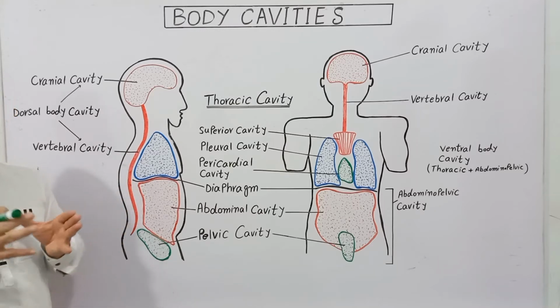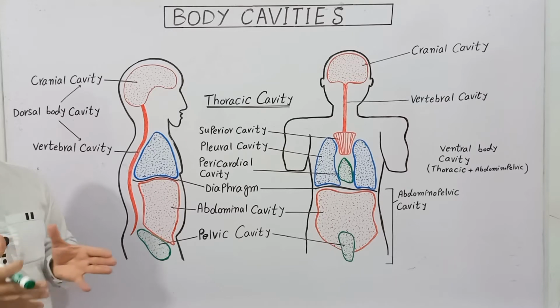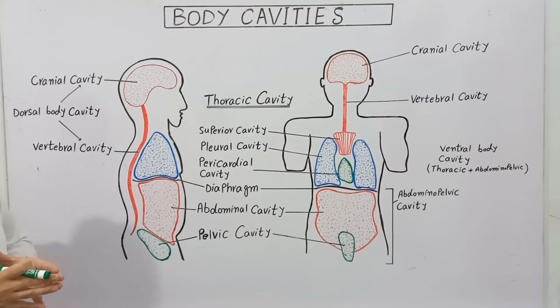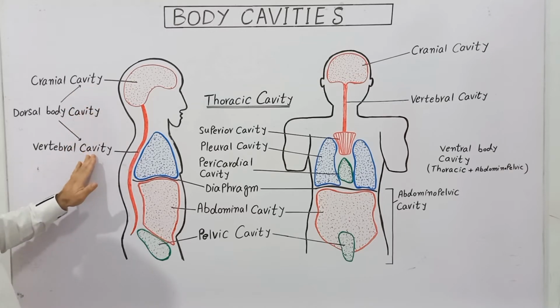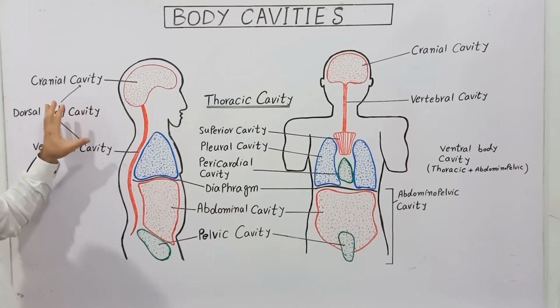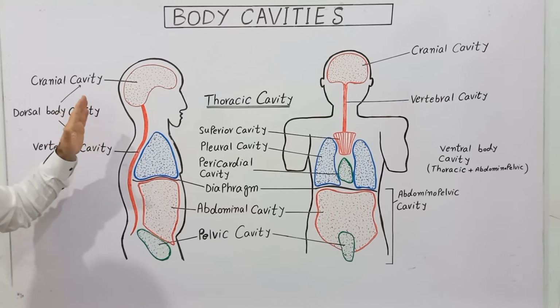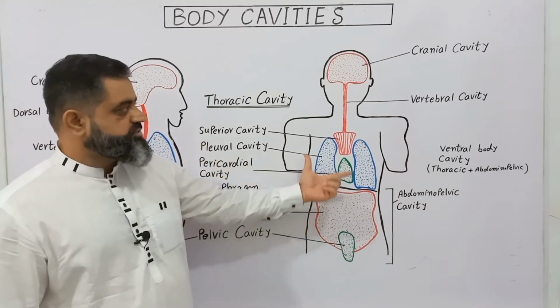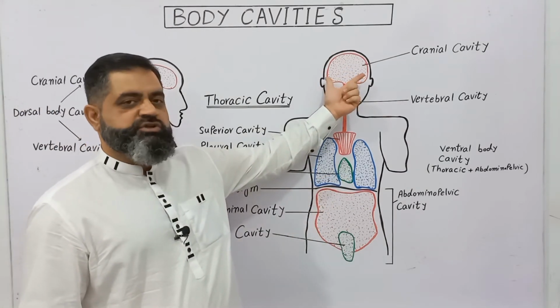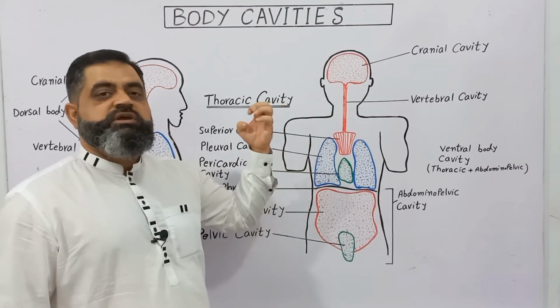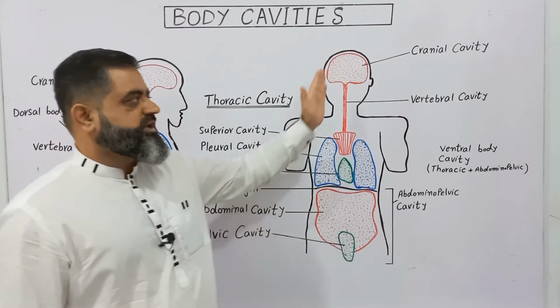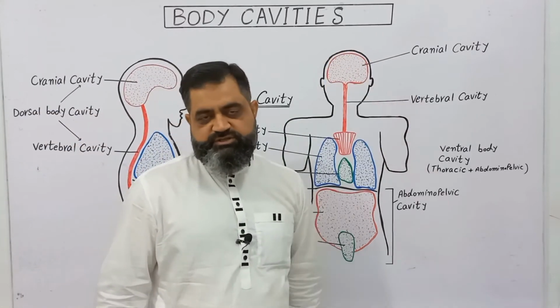The meninges contain cerebrospinal fluid, which helps in the protection of the central nervous system. So there are two cavities, cranial and vertebral, which are known as dorsal body cavities. If you look at this diagram, this is the cranial cavity, which includes the brain, and this is the vertebral cavity, which contains the spinal cord, and both are known as dorsal cavities.